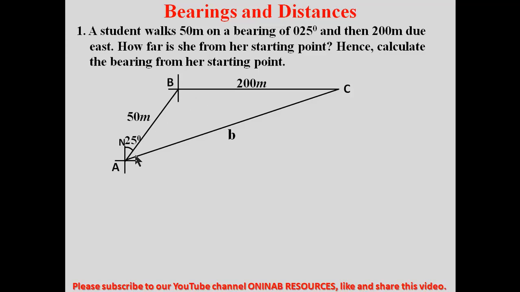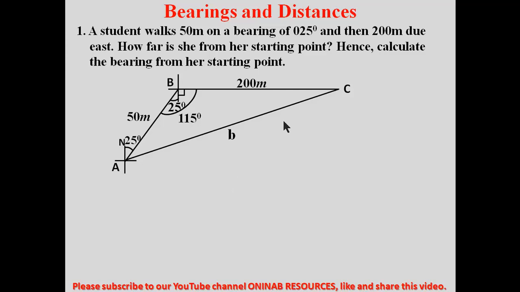So let's see. From the South Pole to this point is the same thing as 25 degrees, and we know that this is 90 degrees. So the total angle there is 90 plus 25, 115 degrees.